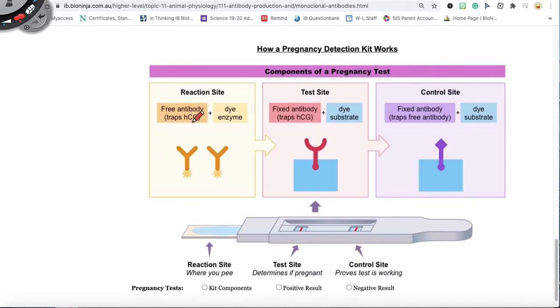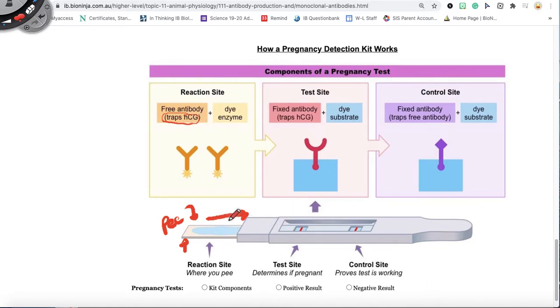Let's move down here and see what happens. In a pregnancy test, this is the reaction site, or where you pee. When urine reaches this reaction site, these free antibodies are able to move along the stick. If these are the free antibodies of a pregnant person, they have been able to trap the HCG present in the urine.